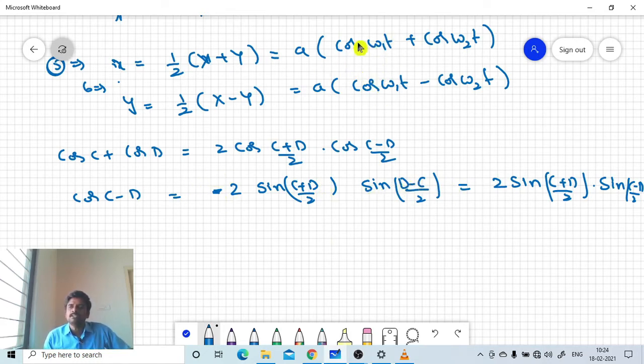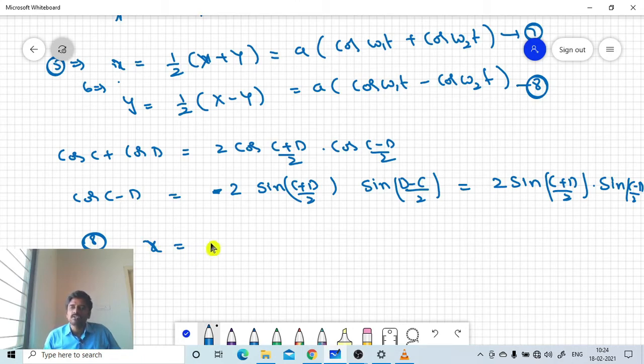Now I am considering this equation. Let's assume the fifth equation becomes the seventh equation, and now it is going to the eighth equation. What is the value of small x?